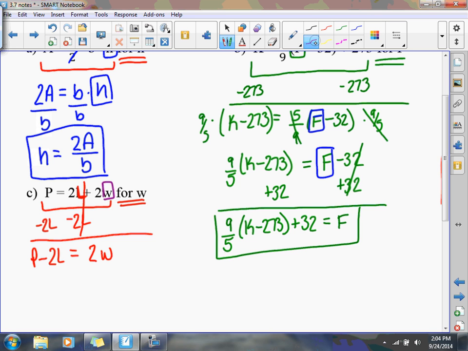Okay, and now my last step to solve for W is going to be to get rid of that timesing by 2. So I divide by 2. I have to do everything over on this side of the equation. So I'm going to have then for my final equation, W equals (P minus 2 times L) all over 2.